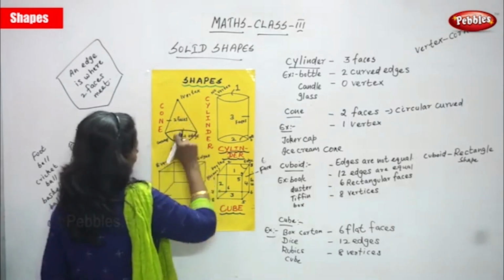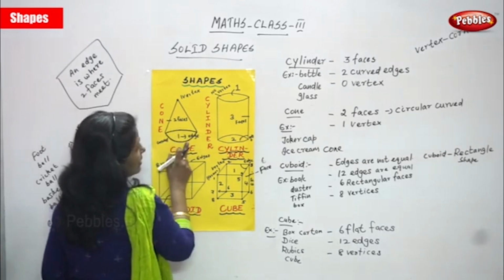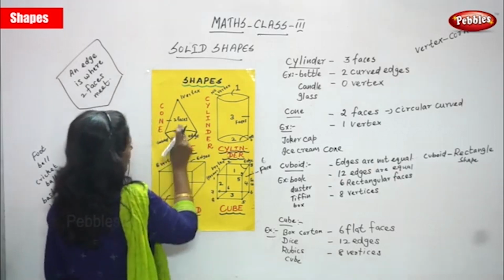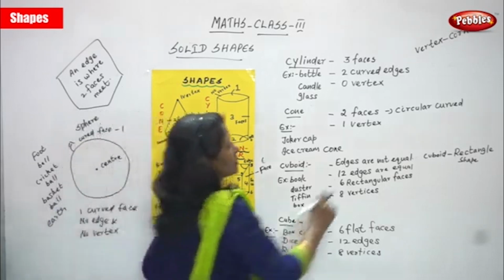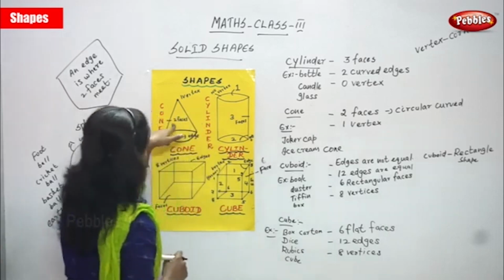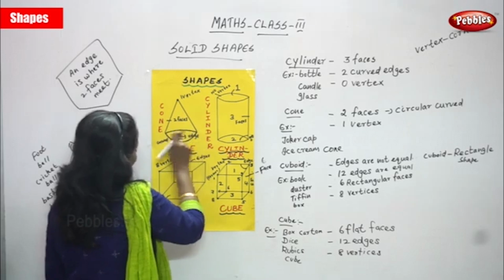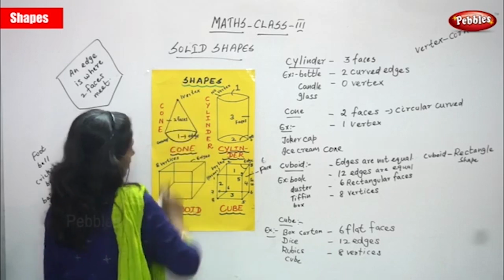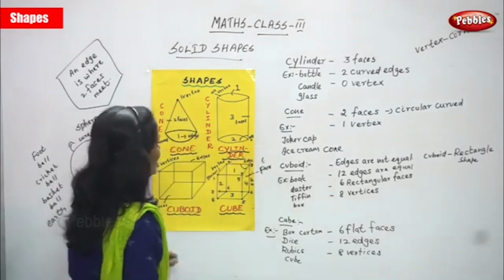One is the top and the other one is the bottom. So 2 faces and 1 vertex. This is a corner. So 1 vertex and 2 faces for the cone. Example is joker cap and ice cream cone.